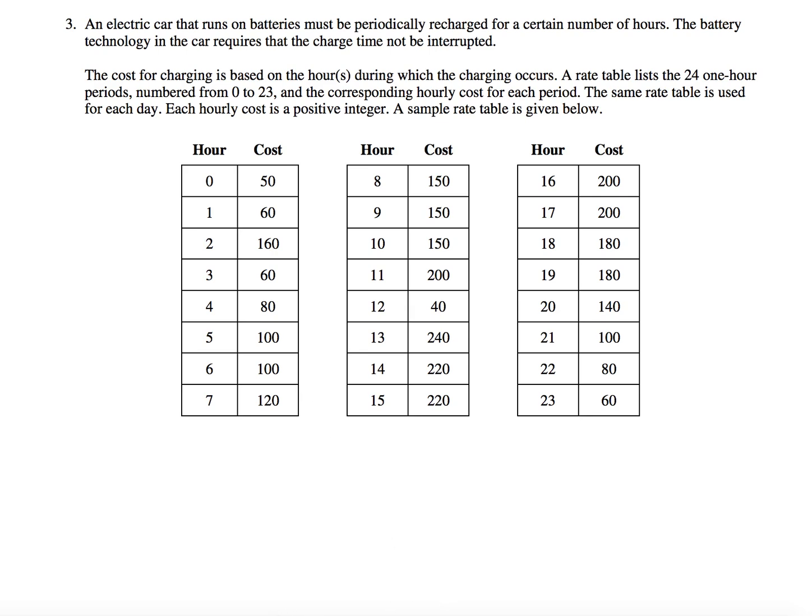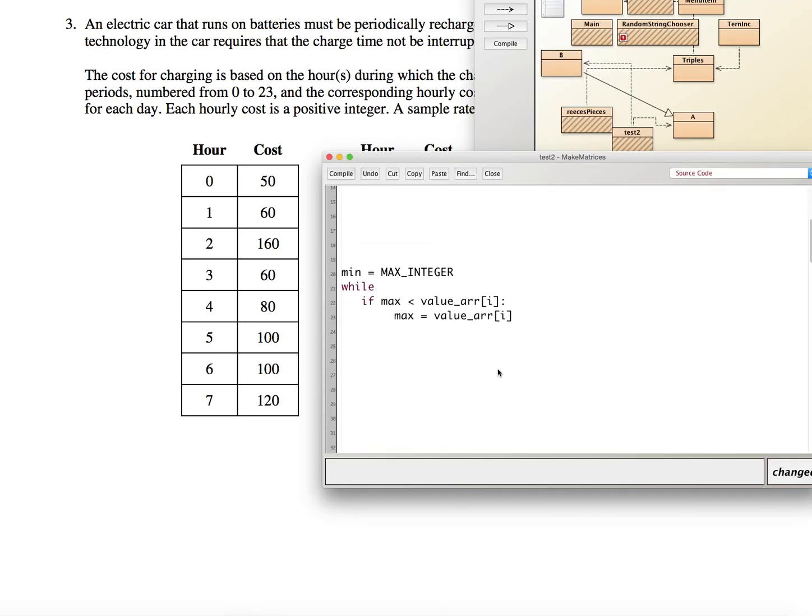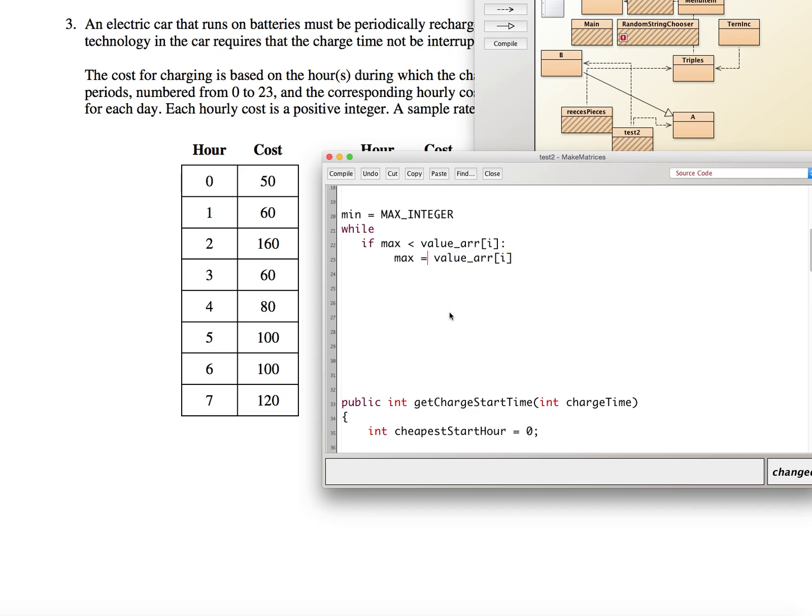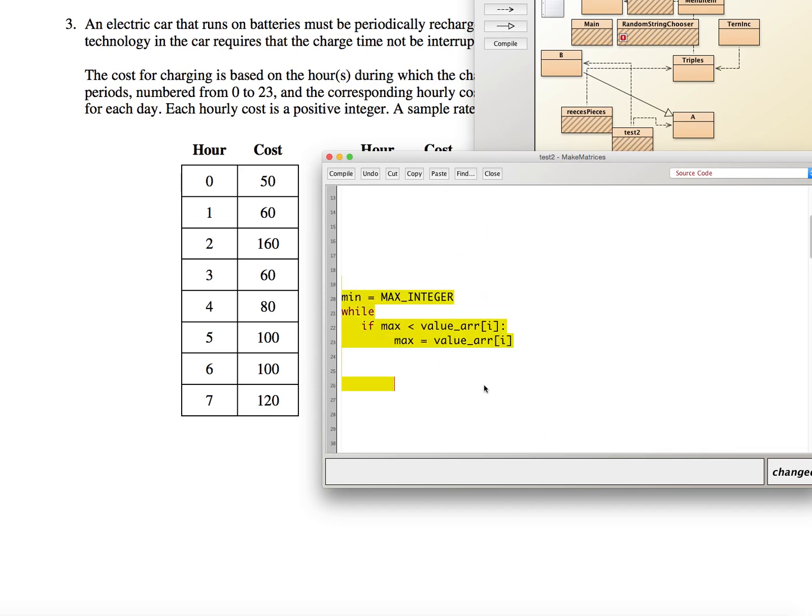So let's see how it's coded. We come over here, and this is one way to do it. I just put this here as an example of what a min-max algorithm would look like. Here we have a minimum. We set it to max integer, which is some huge value. And then for this if statement, min will be set equal to the first value in the array. Following that first statement, it's going to compare the next value with the min.